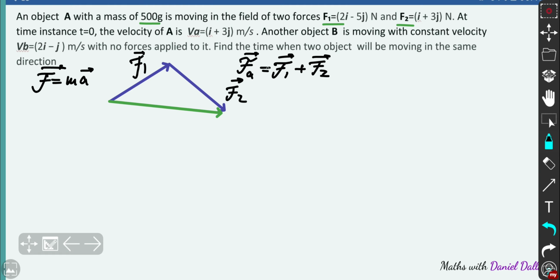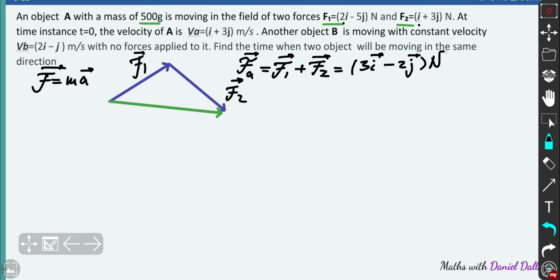It will be equal to the sum of 2 vectors, and we just add components. Component i is 2, component i here is 1, so that's going to be 3i. In the same manner, minus 5 plus 3 for the j component, we get minus 2j, in newtons.